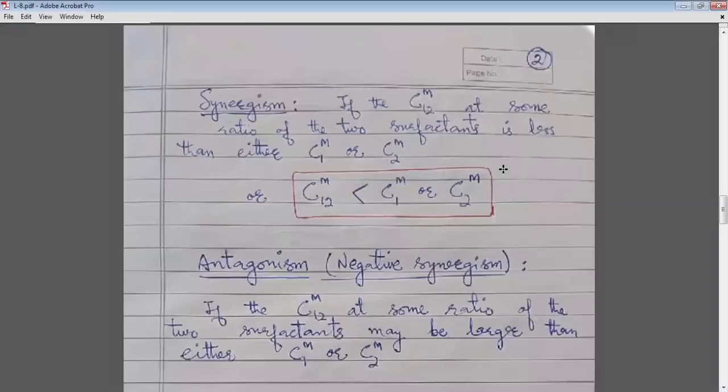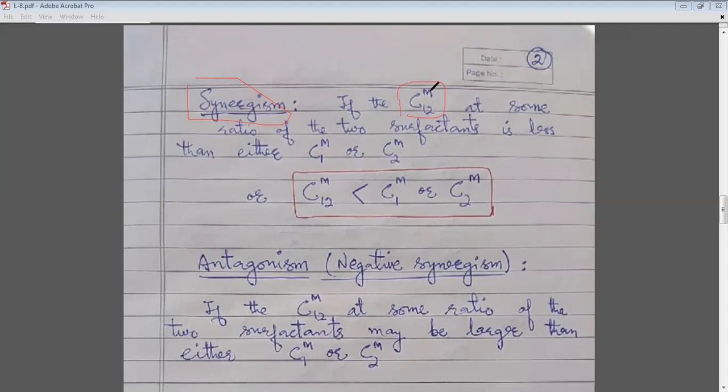Now there are important terms related to this mixture. First is called synergism, very, very important. What is synergism? Consider the CMC of the mixture, which we represent by C12M, formed when we add two surfactants together.